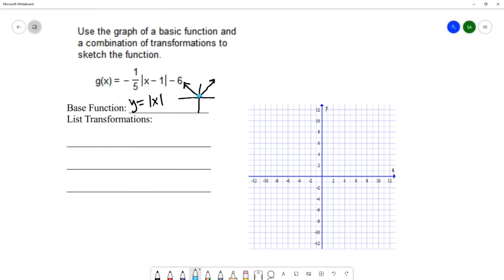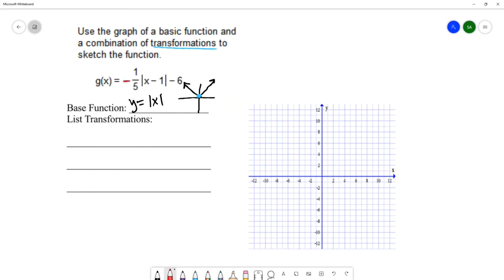So that's going to help us understand where we're starting, and we're going to analyze the equation to see what the transformations are, and that will tell us where the graph is going to. So for these transformations, we have several going on here. On the front, I have a -1/5, and I'm going to break this into two parts.